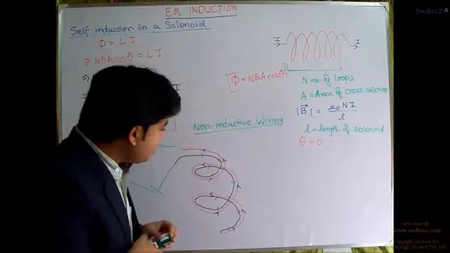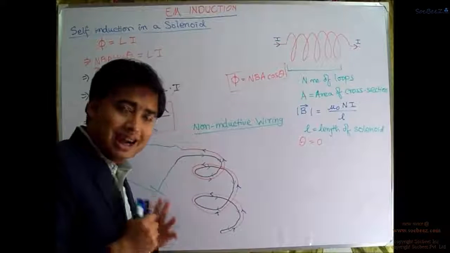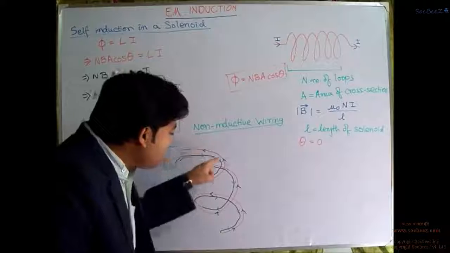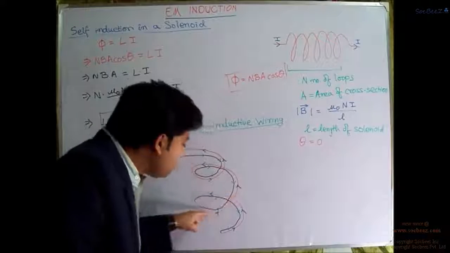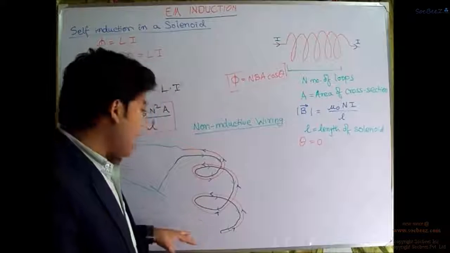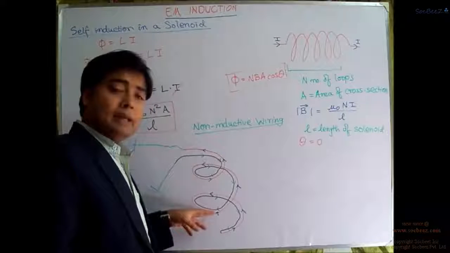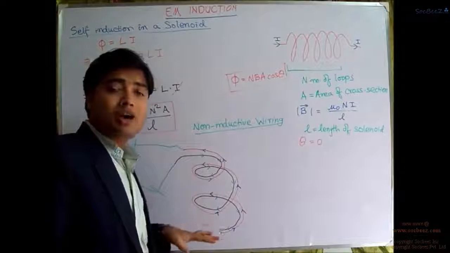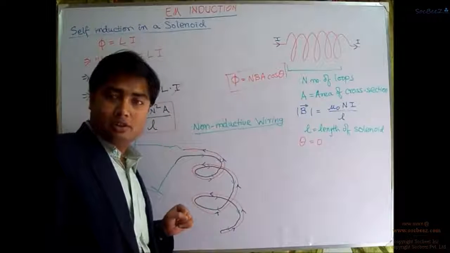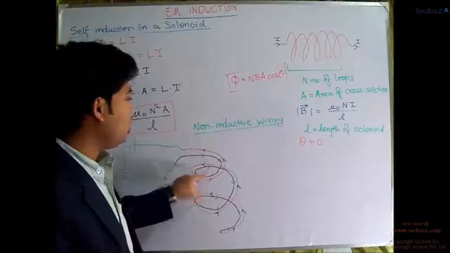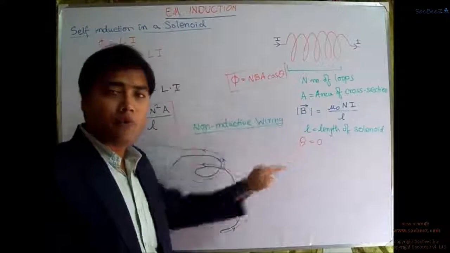So the induced current, or the self-induced current, due to these red lines is now opposed by the black lines. As you can see, the arrows are in the opposite direction. So this is the methodology of non-inductive wiring.